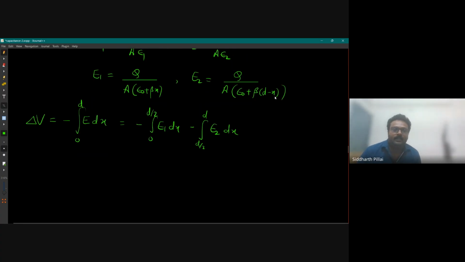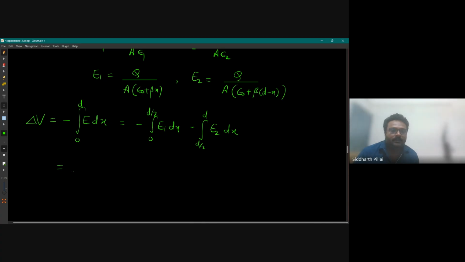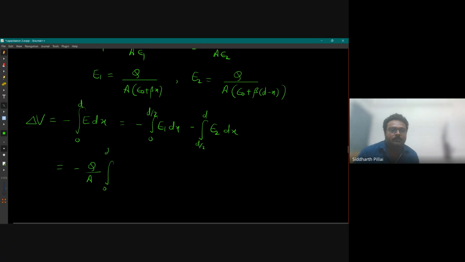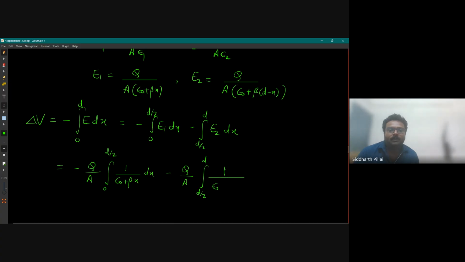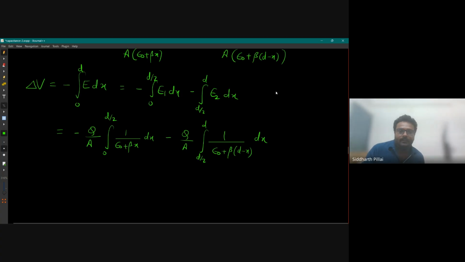So this will give us minus Q by A, which is a constant, times the integral from 0 to D by 2 of 1 by epsilon naught plus beta x dx, minus Q by A times the integral from D by 2 to D of 1 by epsilon naught plus beta into D minus x dx.